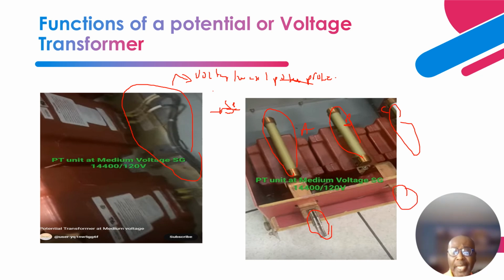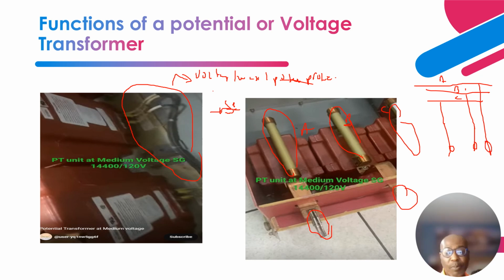Okay, so in the switch here, you have the horizontal bars, A, B, C. Then you have the vertical bars, right? So these get bolted or connected to the vertical bars. So these fingers or the stubs that you see over here are the ones that get connected over here.